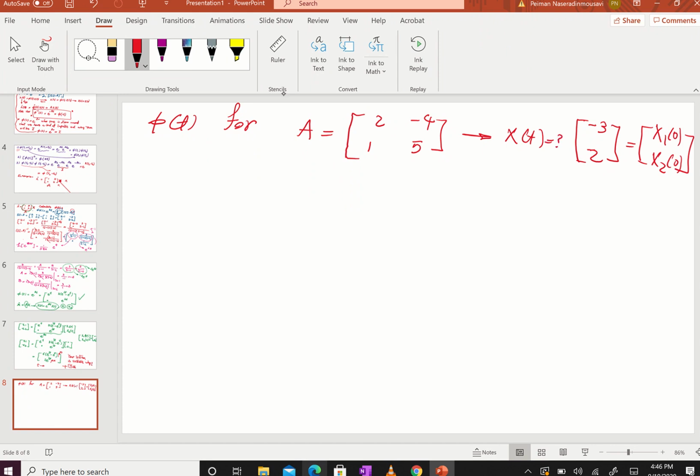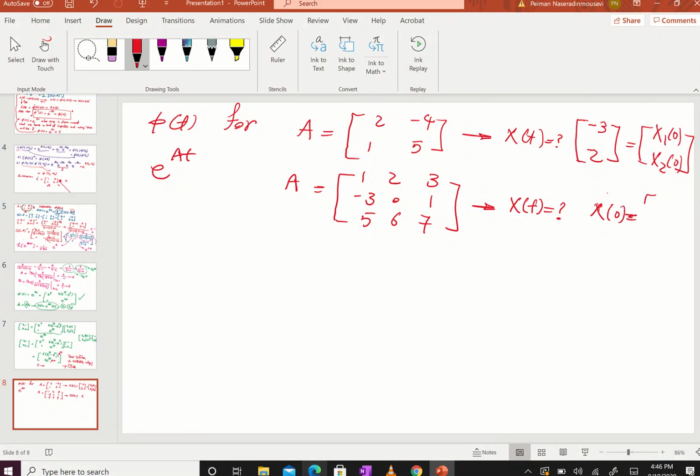Okay. And if A is a third order system, 1 2 3, -3 0 1, 5 6 and 7, find again, after finding phi of t, the matrix exponential, the solution when x at time 0 is -2, 0 and 3.